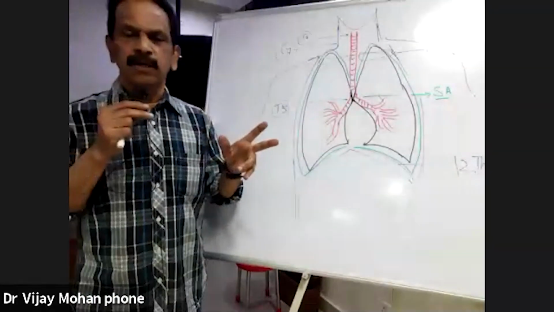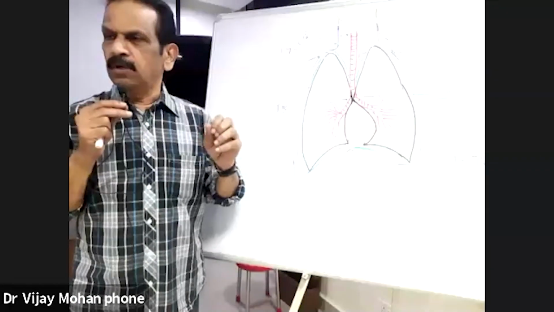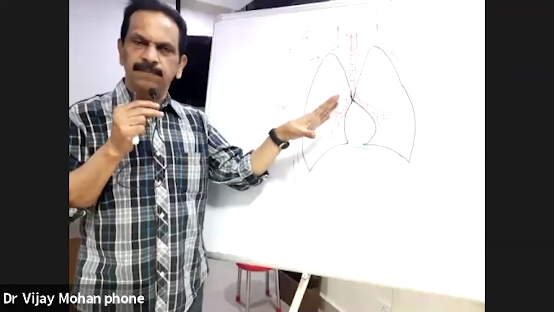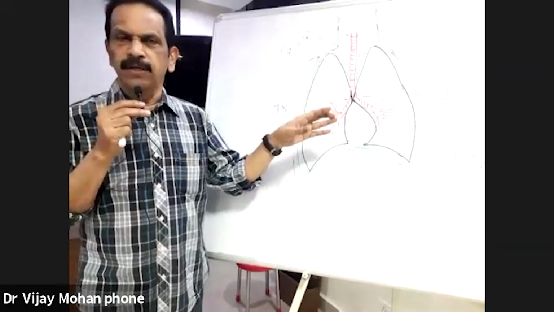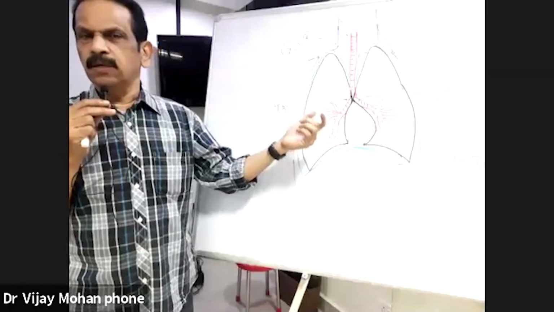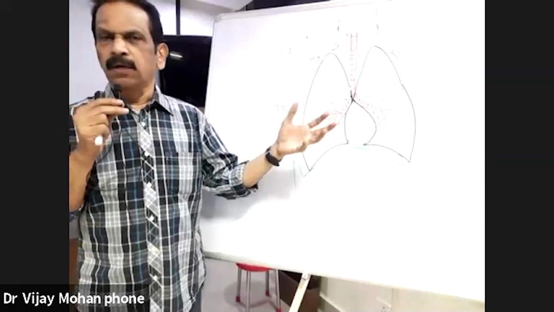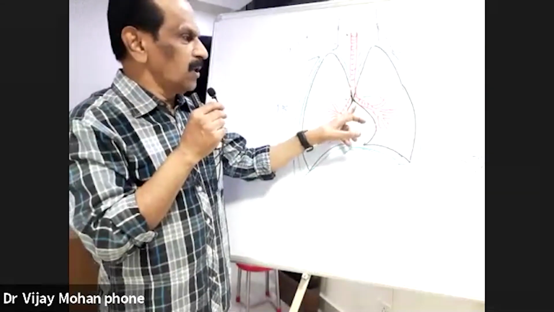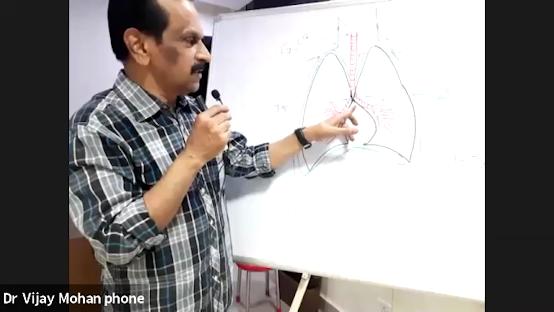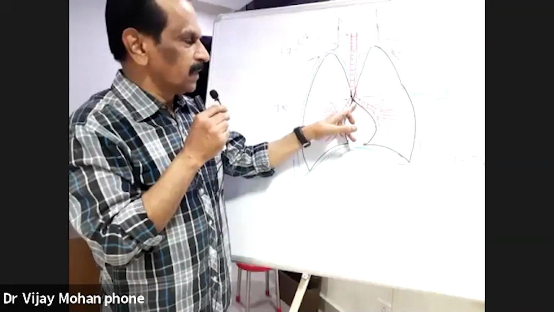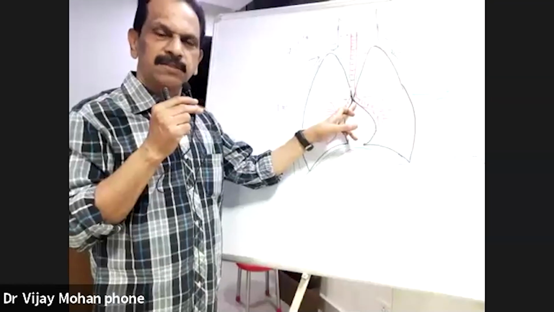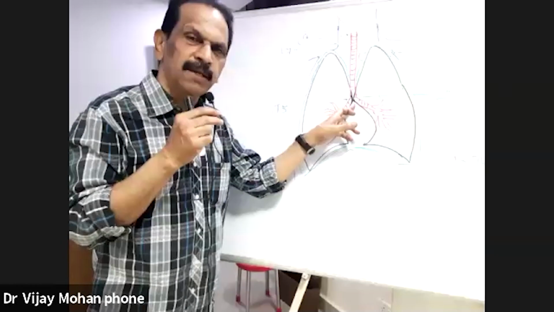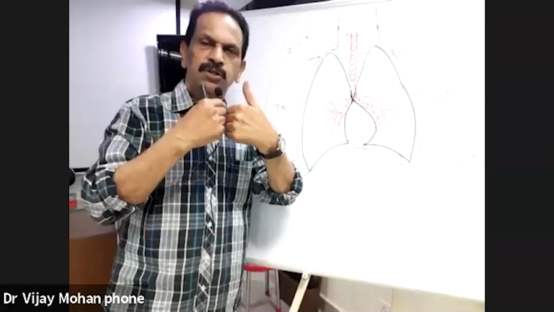This is a very important landmark when you are examining the respiratory system. Whenever you have some findings, you can take this natural anatomical landmark as a description of your signs. The very important point about this is the place where the trachea bifurcates, and this is the only place where the two lungs meet each other.